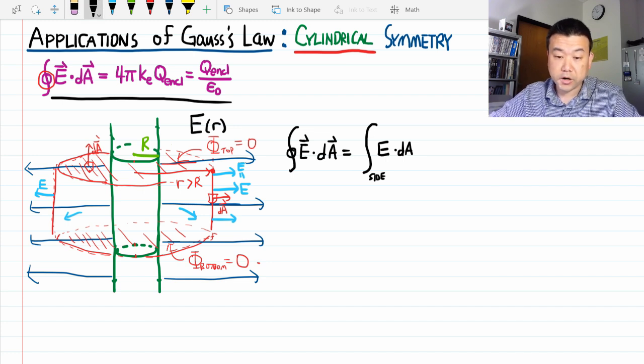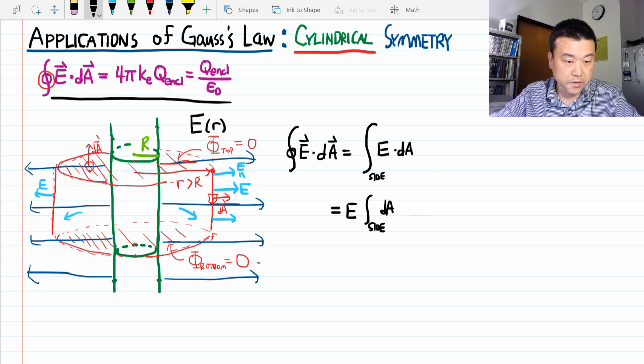We just made the argument that the electric field is uniform over the surface, so we can pull it out of the integral. So the only thing we are left with is the integral over the side surface of the cylinder.